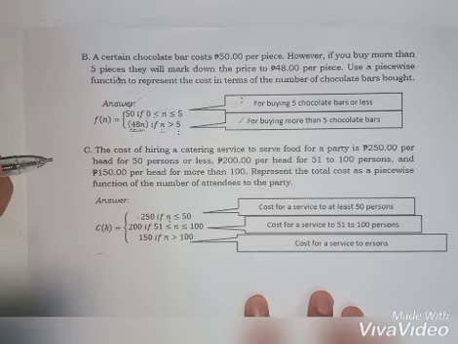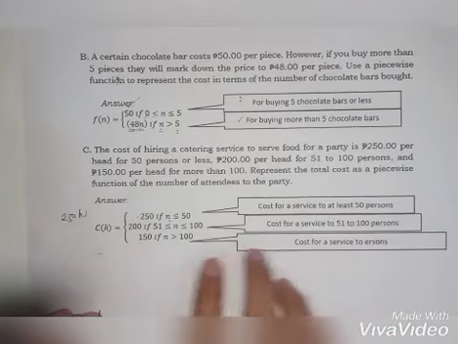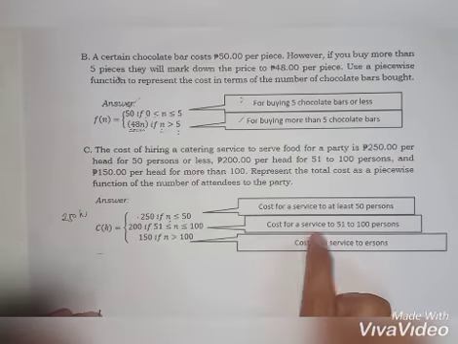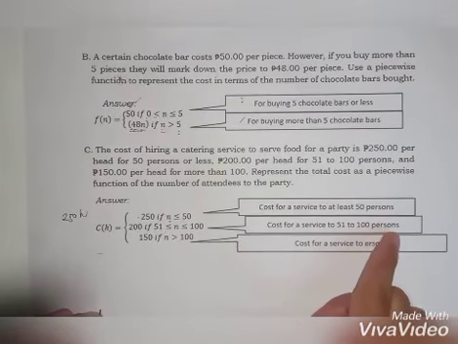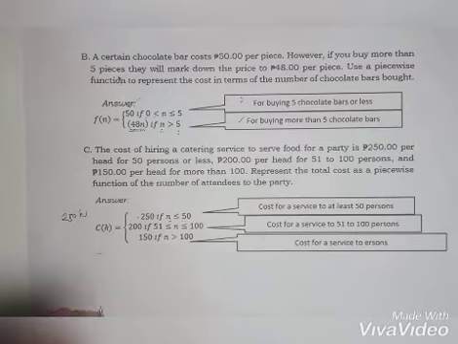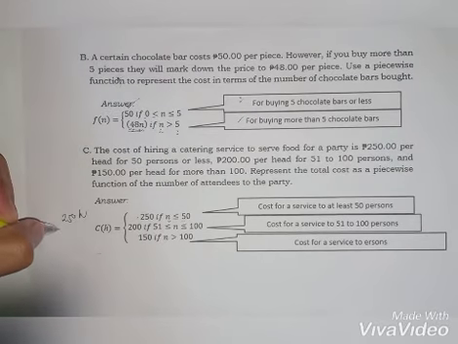Next, that should be 250n each. Next, if we have 51 to 100 persons, the answer will be 200 each.